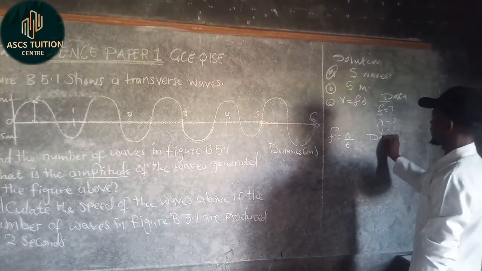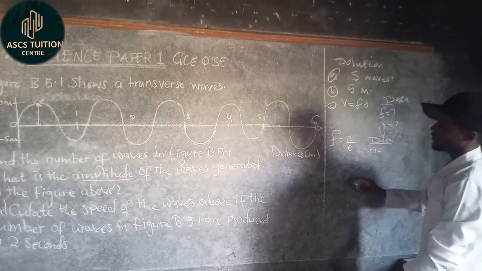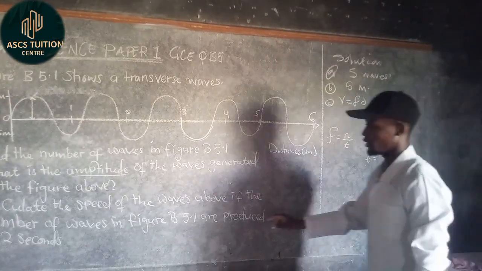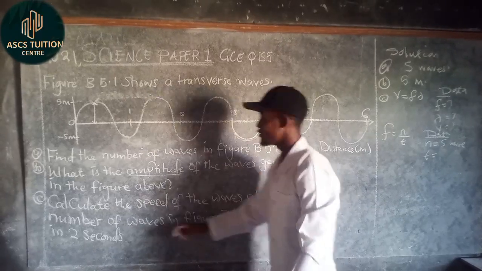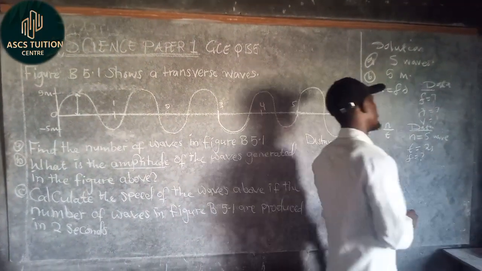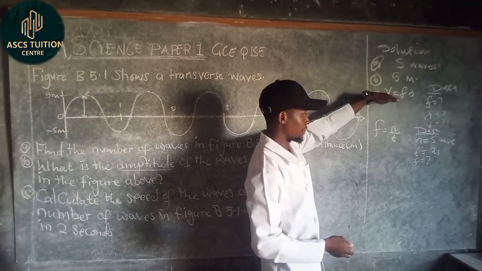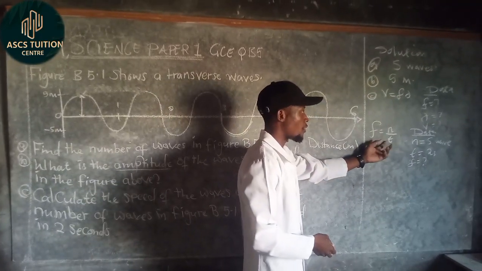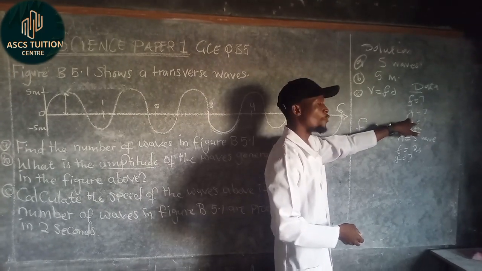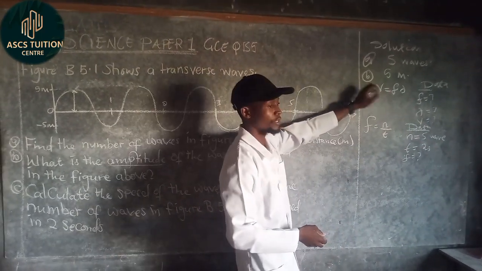Now let's get our data here. The number of waves we have is 5 waves. The time given in the question is 2 seconds. And then our frequency is unknown. So before we proceed with the other formula, first we have to determine our frequency. After determining our frequency, then we are going to determine our wavelength. That's where now we can proceed.